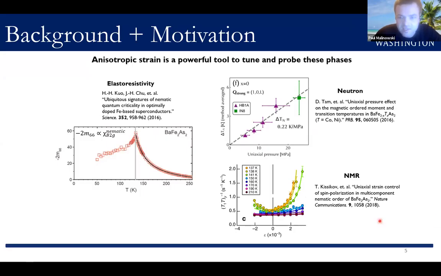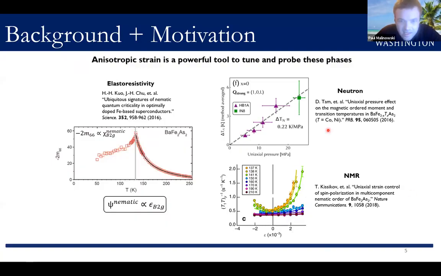For example, in the case of nematicity, measurement of anisotropies induced by anisotropic strain, such as elastoresistivity, are a direct measure of the strength of nematic fluctuations above the ordering temperature. On an even simpler level, symmetry considerations imply that the nematic order parameter is directly proportional to the amount of external strain in the same symmetry channel. So by applying strain, we can enhance nematic order and thus suppress its fluctuations.